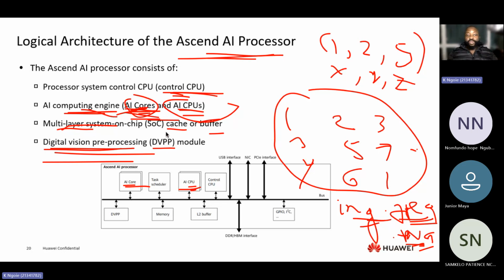And then you have the SoC, or cache and buffers. This will help you reduce latency and boost memory access speed by stopping all other operations that are requesting the same memory. And then you have the DVPP, which is just a hardware acceleration for preprocessing all the images and videos. All right.